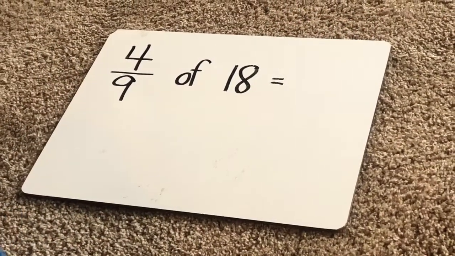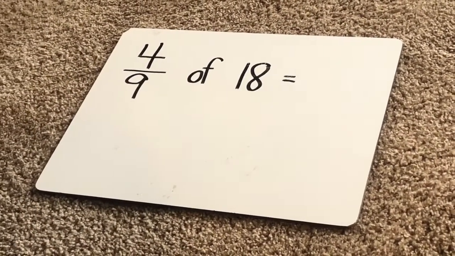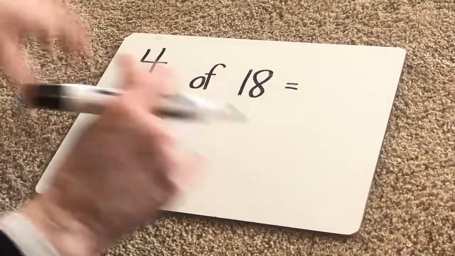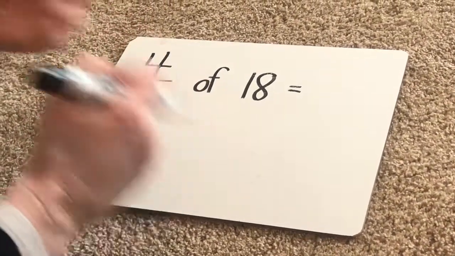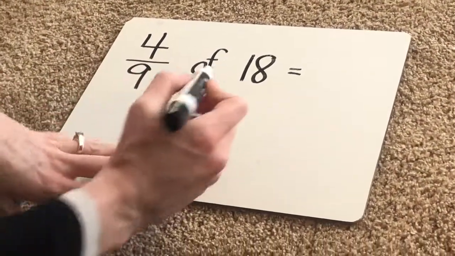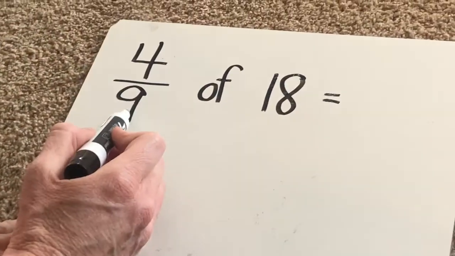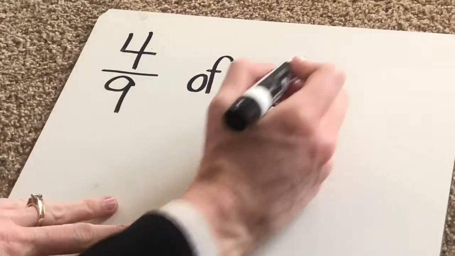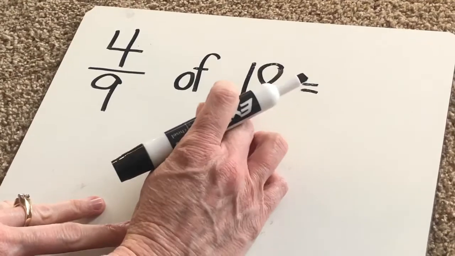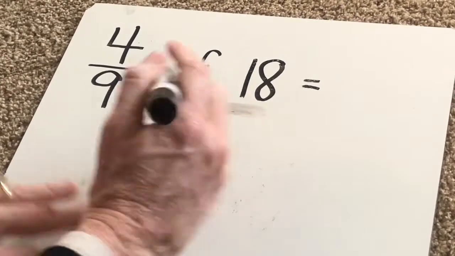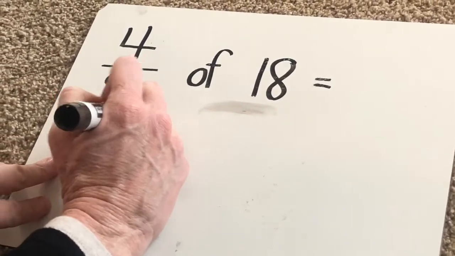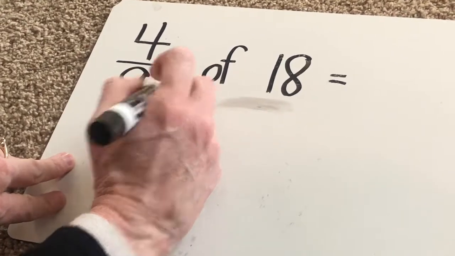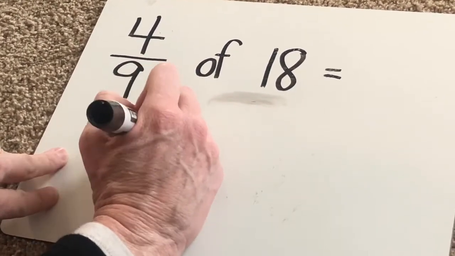Now we're going to do some fractions of a set without objects, but just thinking about a strategy for figuring this out. So this one says that we're going to do 4/9 of 18. So I know altogether I have 18 objects. And remember, this denominator right here is going to tell me how many groups in all that I'm going to need.